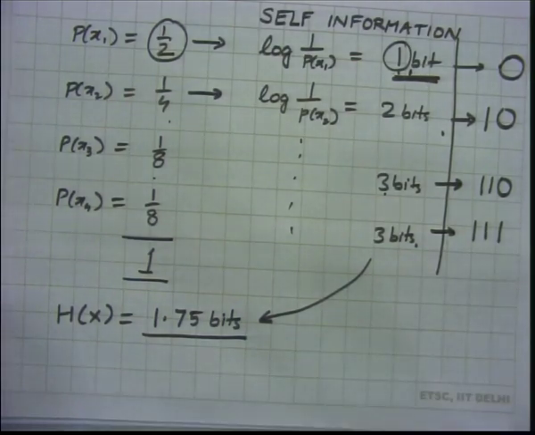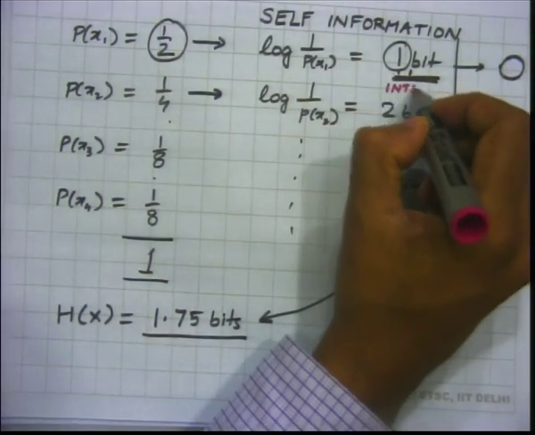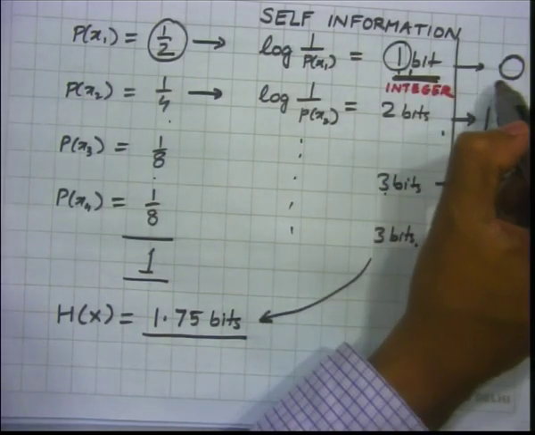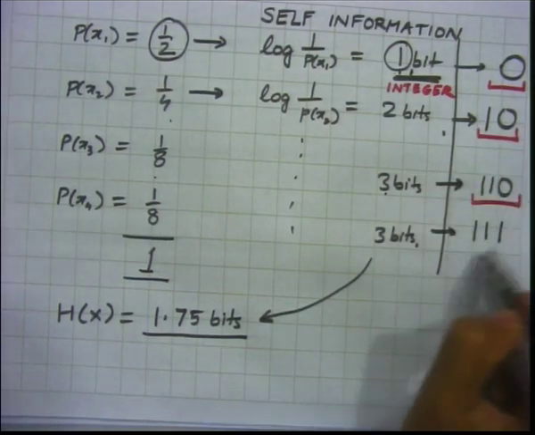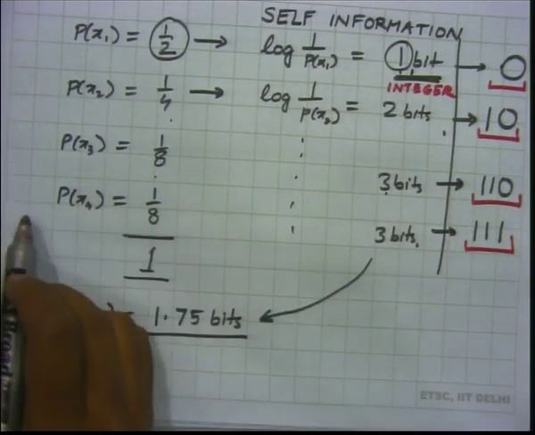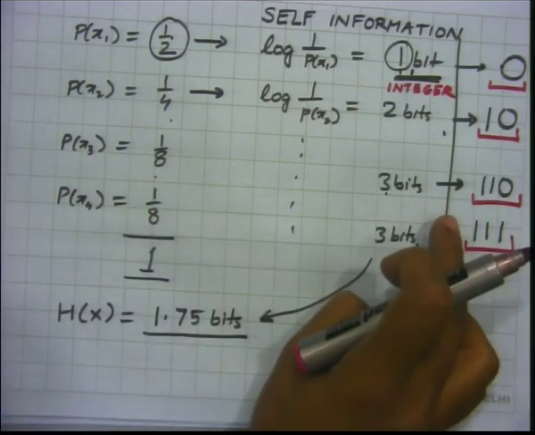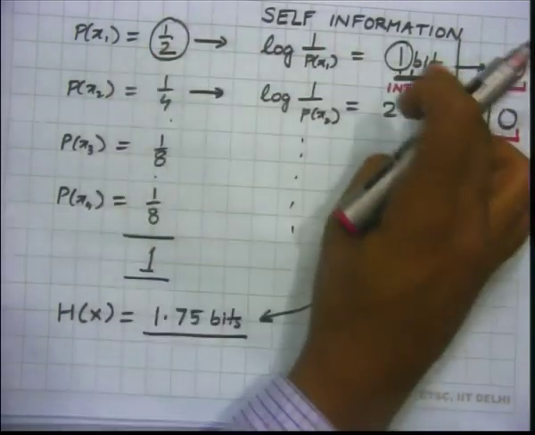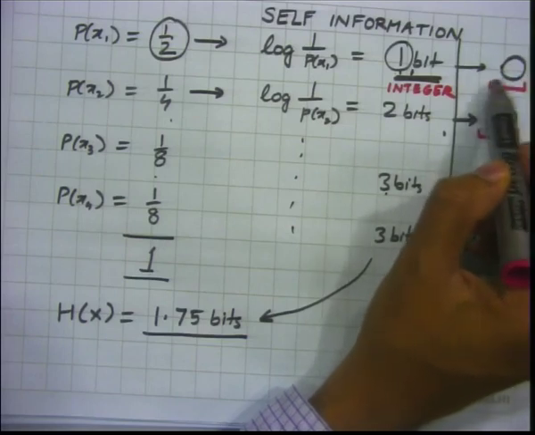So, the only reason I could achieve the lower bound is because this self information is an integer, and I have only the luxury to allocate a full bit or 2 bits or 3 bits to a certain outcome. If the self information had come out to be, say, 0.75 because of its probability, there is no way I can offer a 0.75 bit long code word.